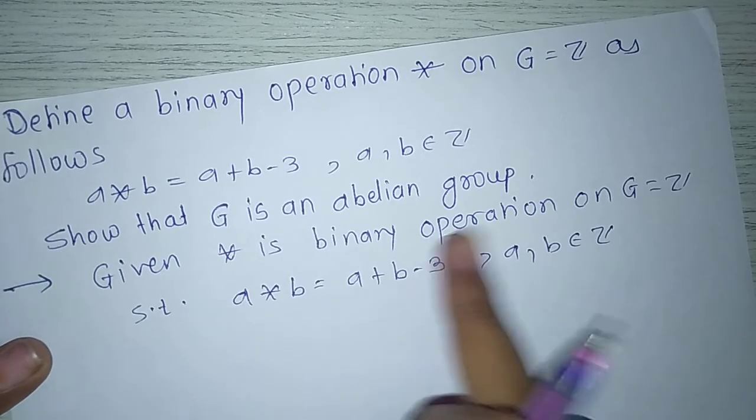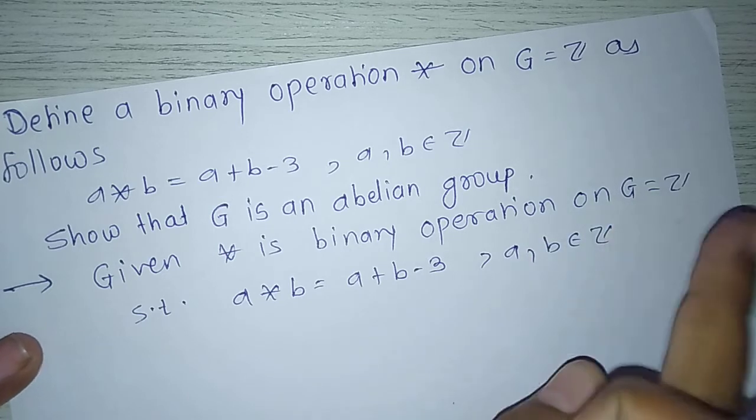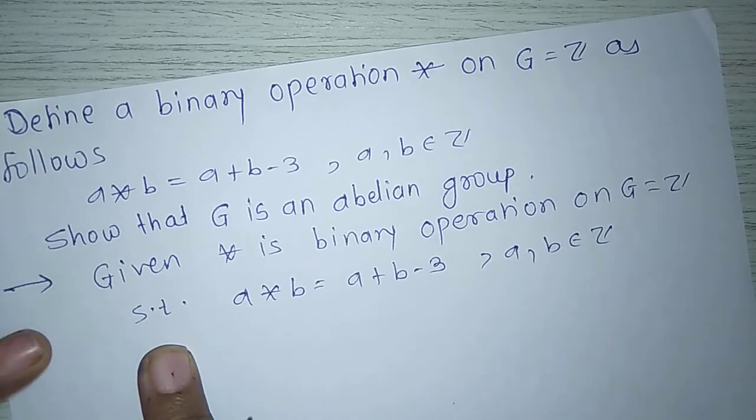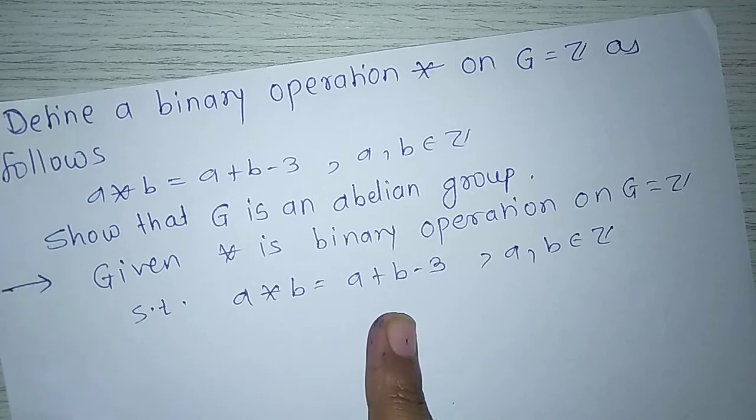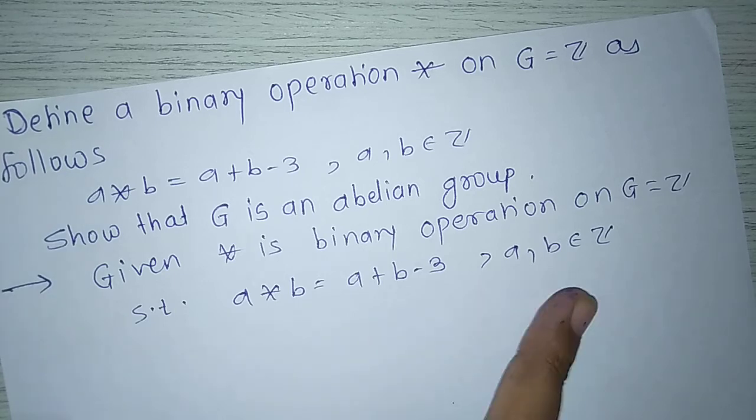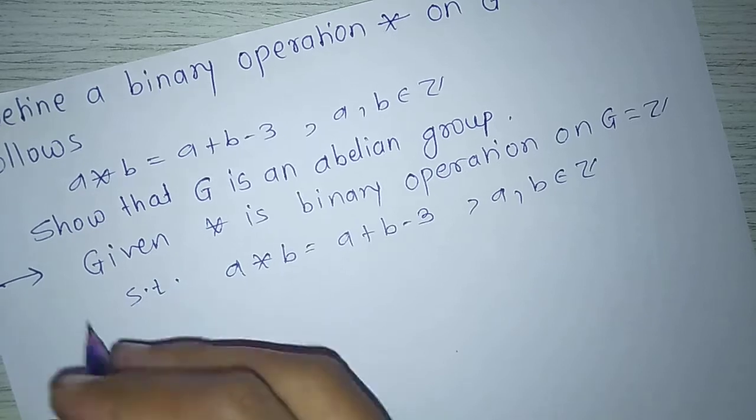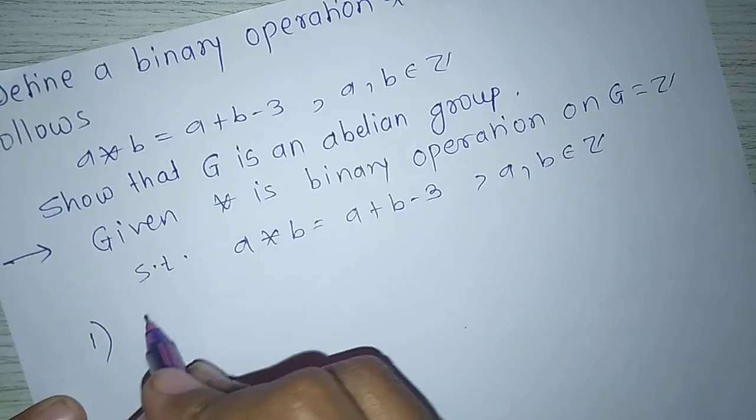Given star is a binary operation on G equal to Z such that A star B equals A plus B minus 3, A, B belong to Z. First, check associativity.